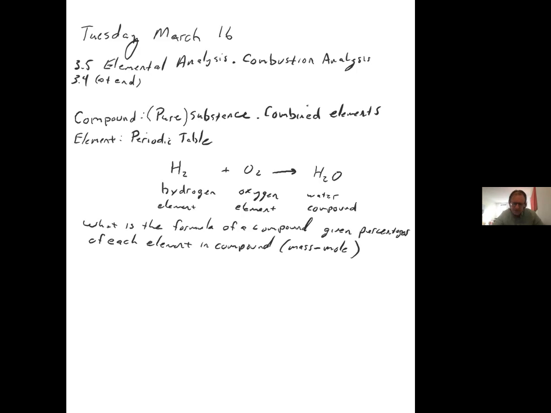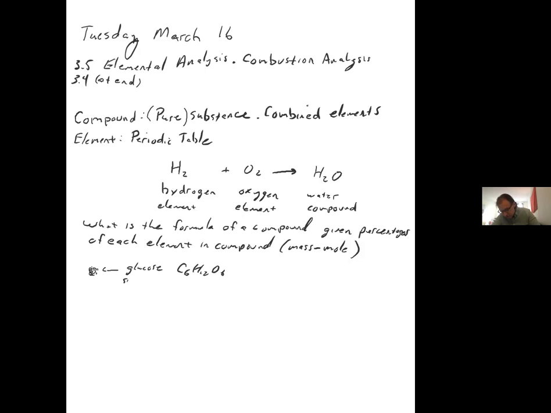So the idea would be the following. Suppose you had some sort of material, some substance here, and it's made out of a bunch of different molecules, and you're trying to figure out what that substance is. You know, is it glucose, which has a formula C6H12O6?